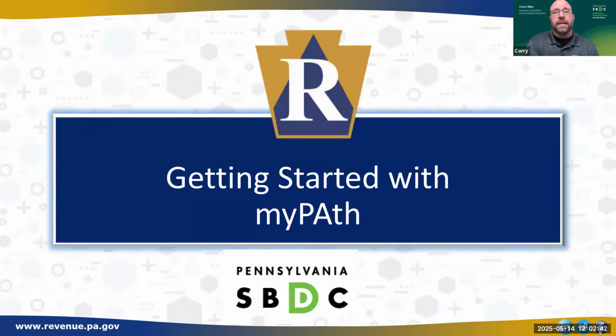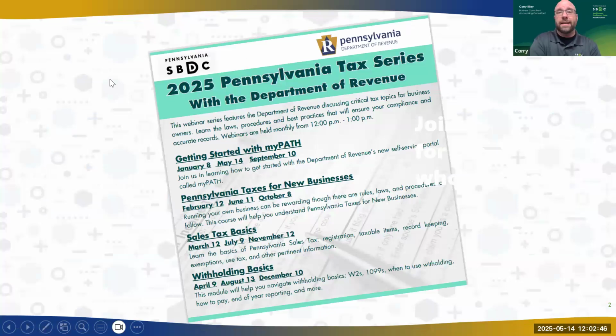Today's webinar is the first of 4 webinars in our 2025 tax series training events. The Pennsylvania SBDC is partnering with the Pennsylvania Department of Revenue to provide this training to you and to answer many questions that you, the business owners and or employees, have about taxes. Today, we're going to be discussing how to get started with the Department of Revenue's self-service portal called myPATH.